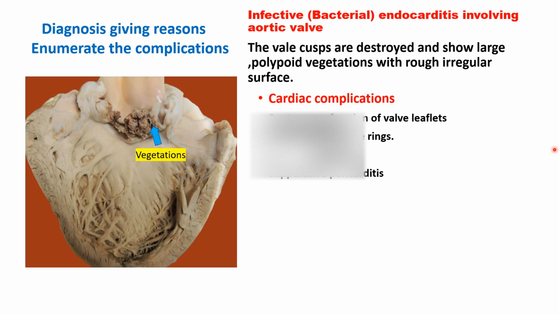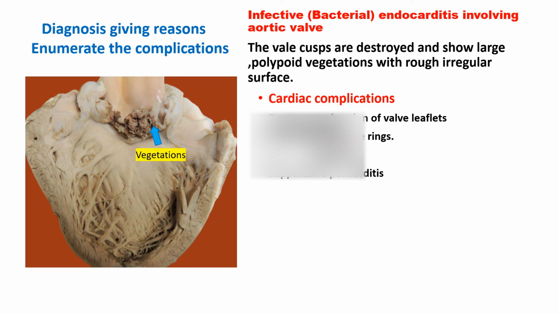Previously they used to say acute or chronic, but with the advent of antibiotics, you don't get classical clinical pictures of both. There may be a mixture. So the best thing is to call it infective endocarditis rather than acute or chronic. The complications of infective endocarditis include rupture and perforation of valve leaflets because of the acute bacterial infection.